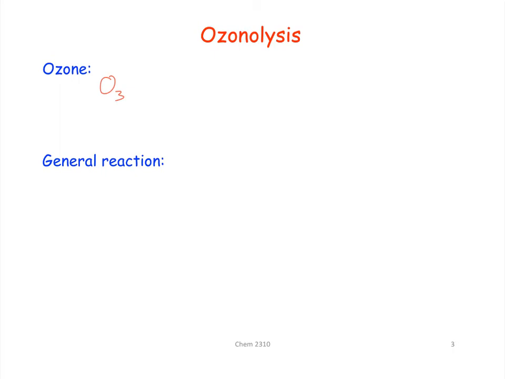Okay, so the first thing, remember, when we want to do a Lewis structure is we have to figure out how many valence electrons that we have to work with. So valence electrons. Alright, we just have 3 oxygens. Each oxygen has 6 electrons. So 3 times 6, we have 18 valence electrons.